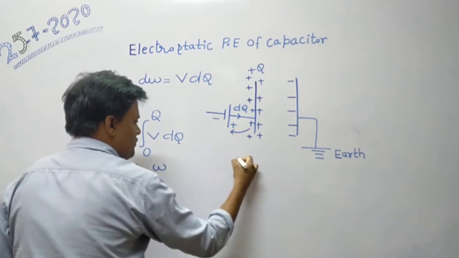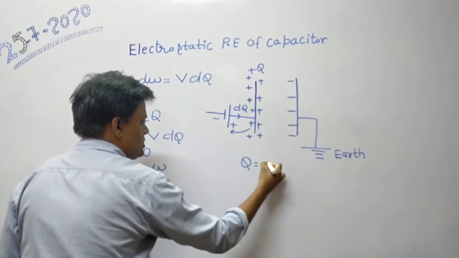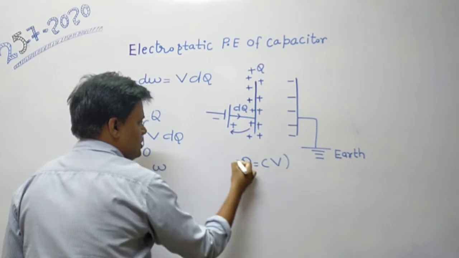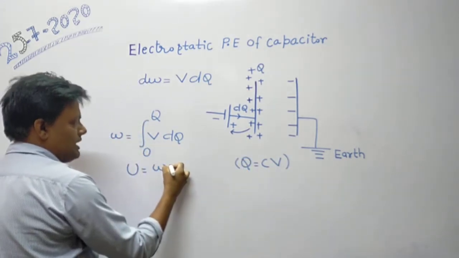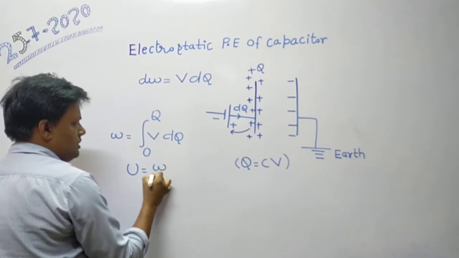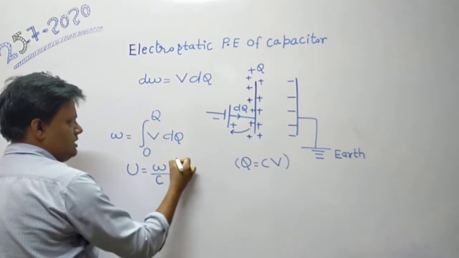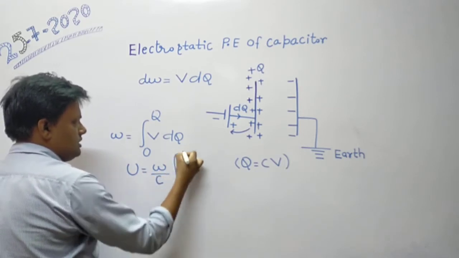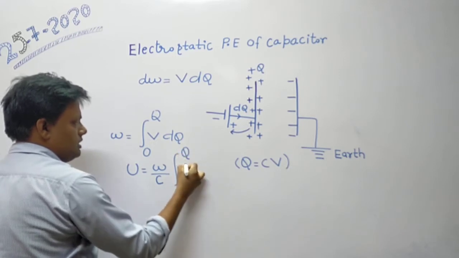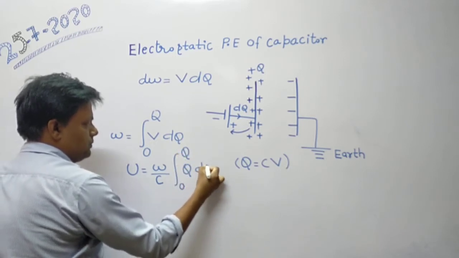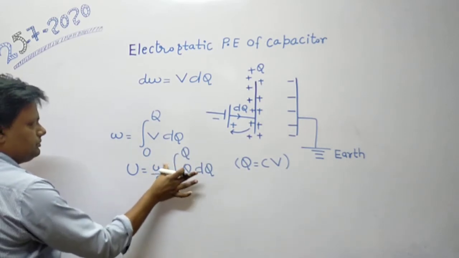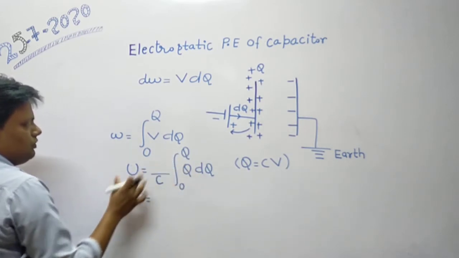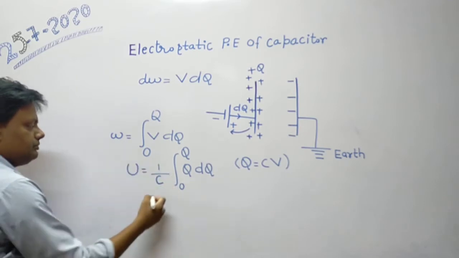In the place of V, since you know Q equals CV, you can write the value of V as Q by C. Then this is 1 by C, and Q dq. What's the integration?